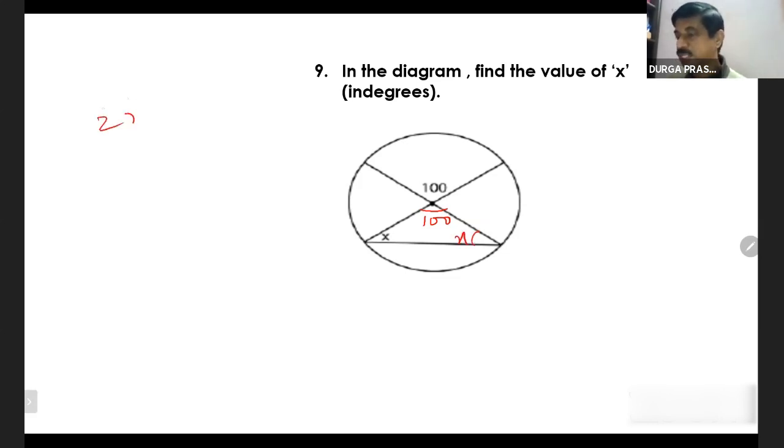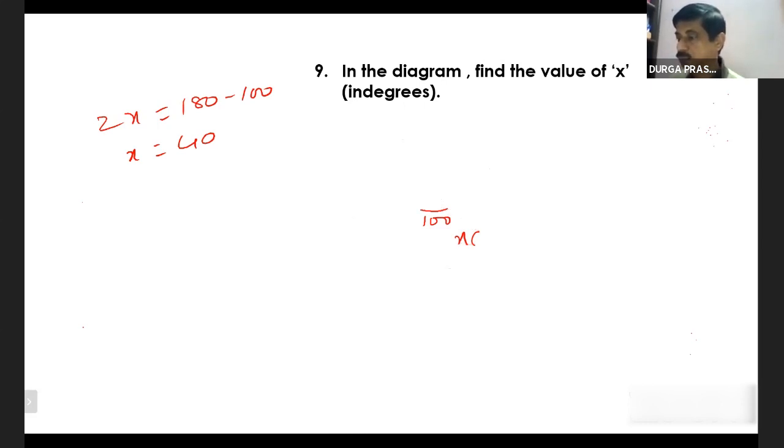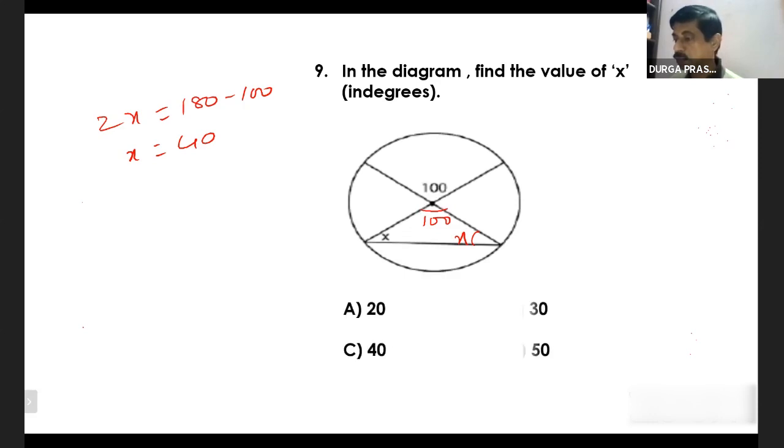So 2x equal to 180 minus 100. So x equal to 40. So option C.